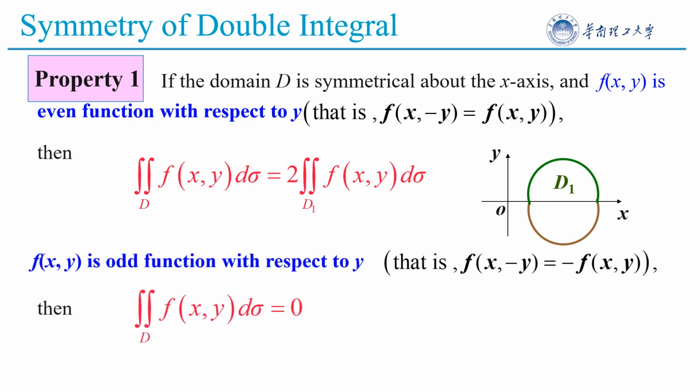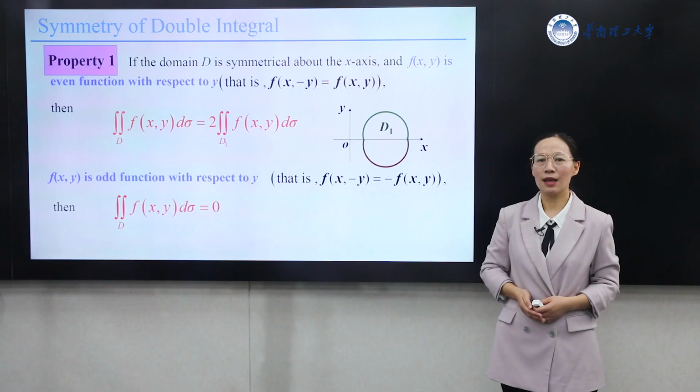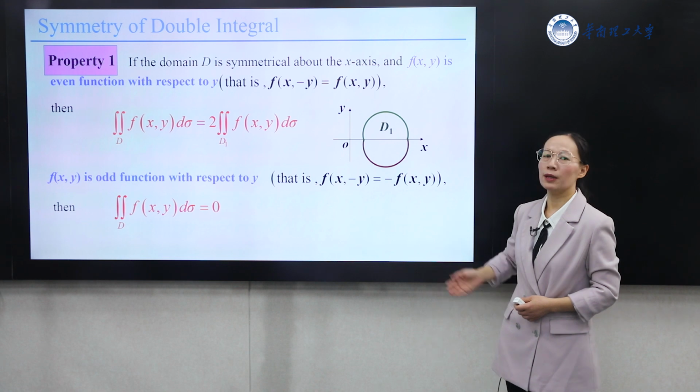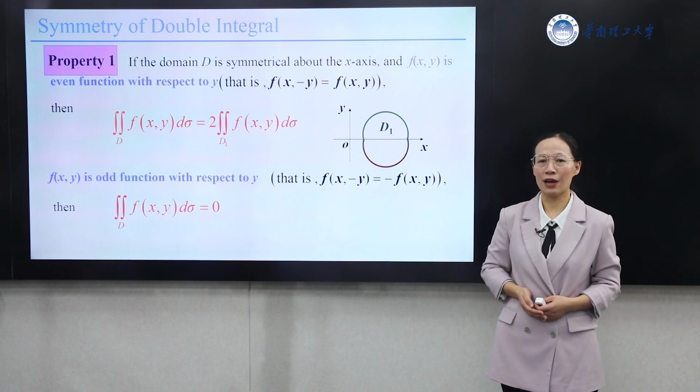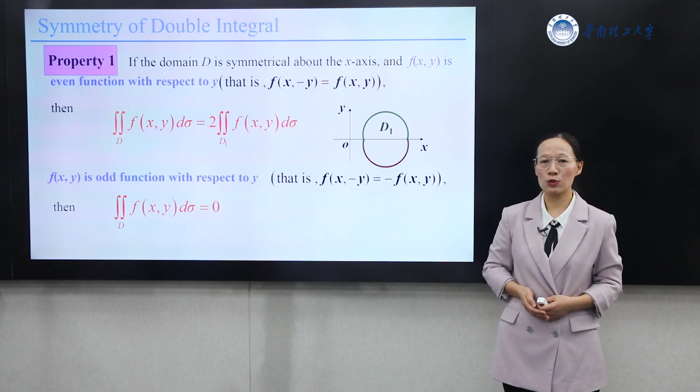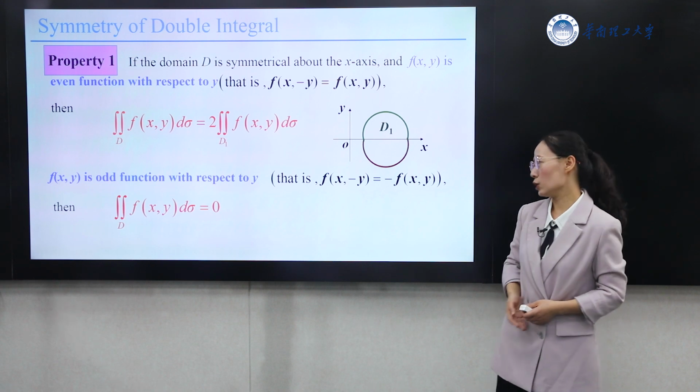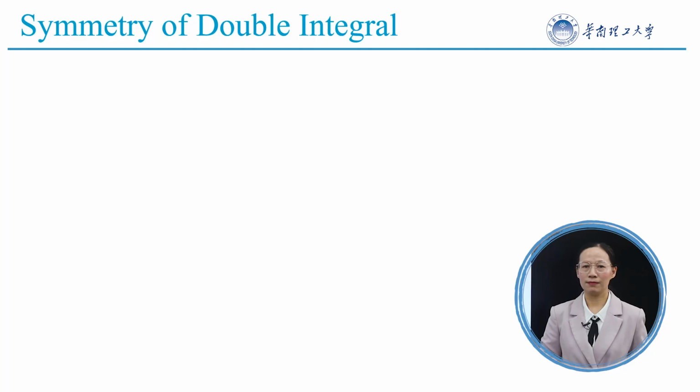If f(x,y) is an odd function with respect to y, that is, f(x,-y) is equal to the negative of f(x,y), then the double integral of f(x,y) on region D is equal to 0.